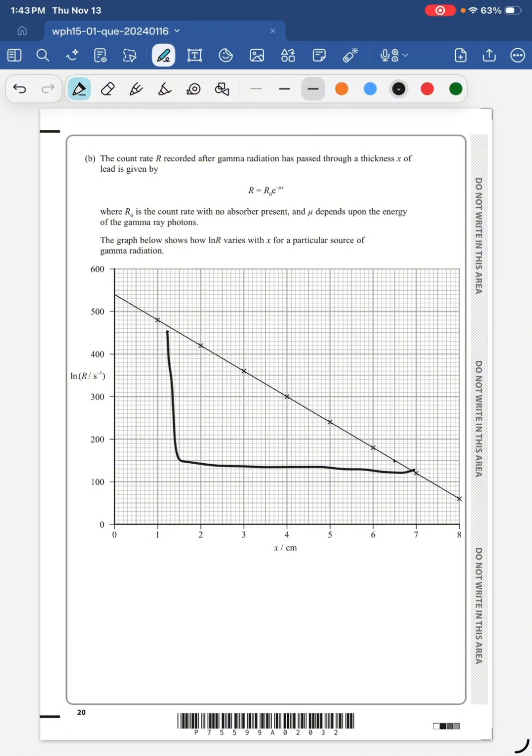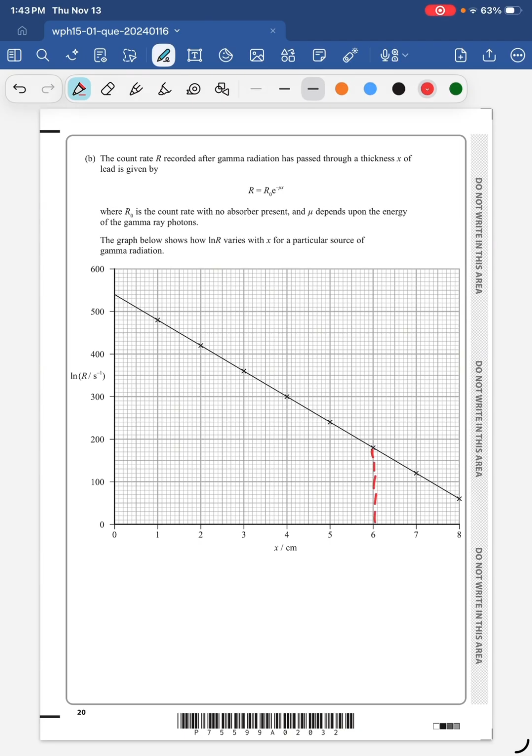Okay, from 150 to 540, that's 540 minus 150, 390. Okay, so we'll use these 2 points. You can use any 2 points pretty much. I don't know why I'm hesitating about this.